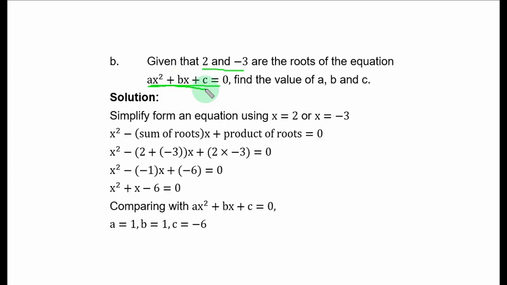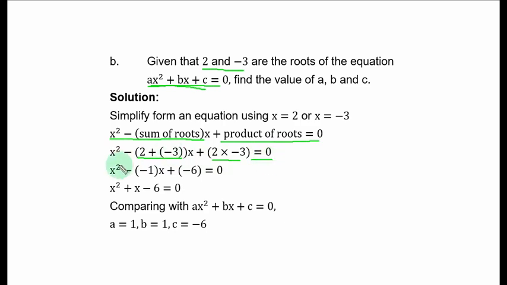Such an equation can be formed using the simple rule s squared minus sum of roots times s plus product of roots equal to 0. So this is sum of roots 2 plus minus 3, then times s. You have the product of roots and you equate it to 0.